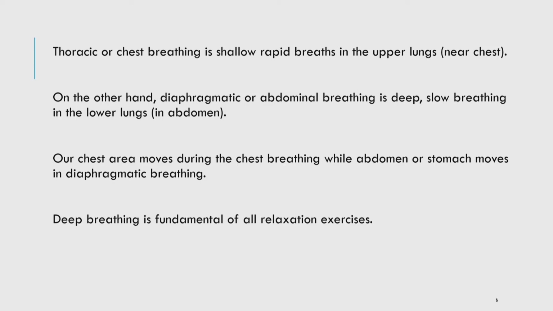On the other hand, diaphragmatic or abdominal breathing is deep and slow breathing, which goes down to the lower part of the lungs, up to the stomach level. So while doing deep breathing, our stomach moves outward while doing abdominal breathing.